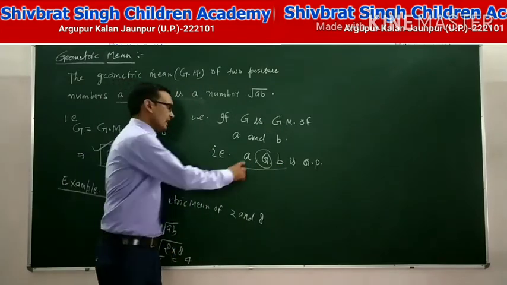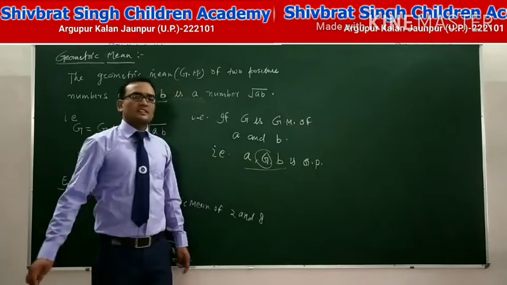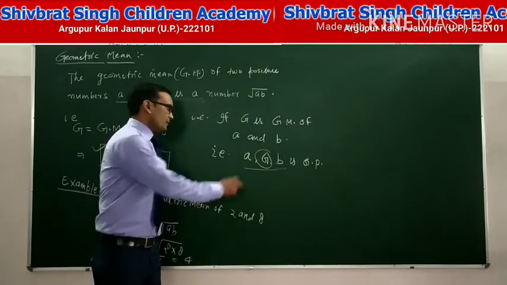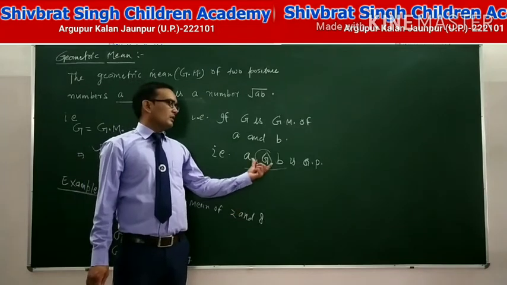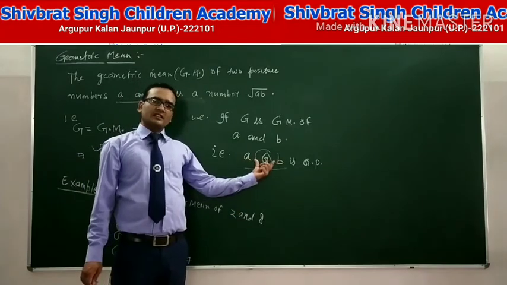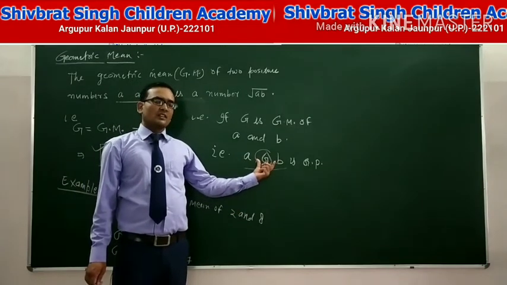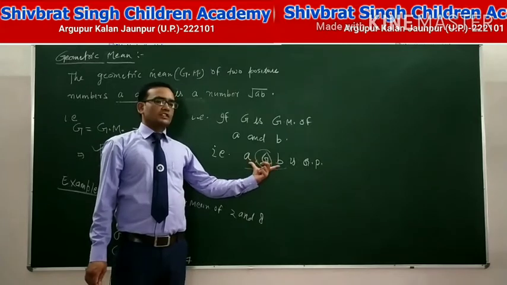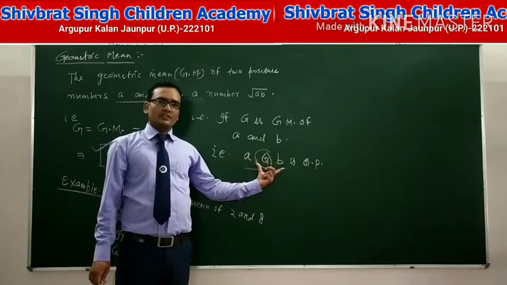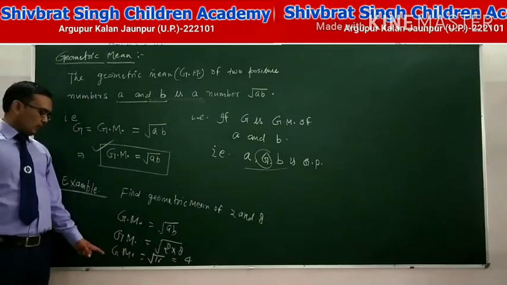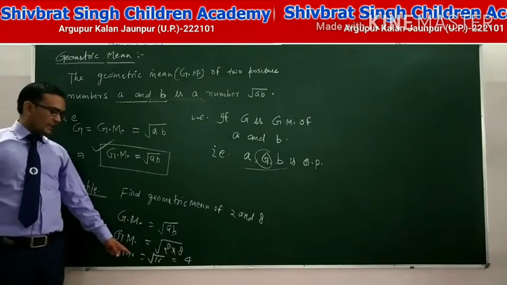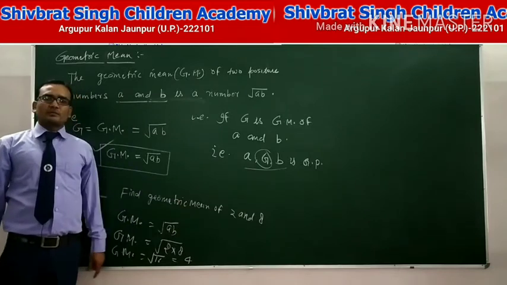That means if A, G, B is a GP, then the inserted number between A and B is the geometric mean of two positive numbers A and B. Here we can find the value of geometric mean of two positive numbers.